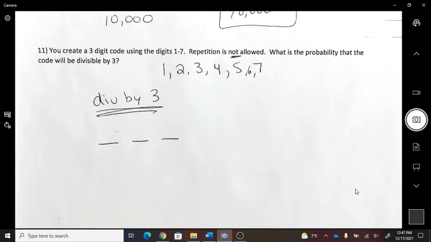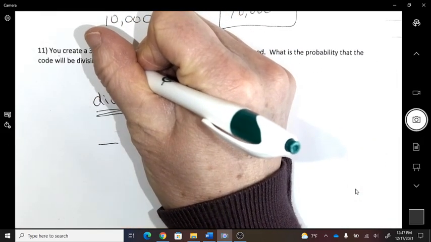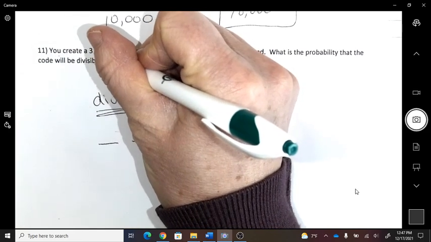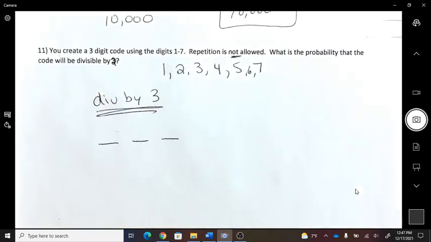You know what? I'm going to change this question. I'm going to change it to divisible by 2, because I feel like you will not know how to do that other one. Okay.